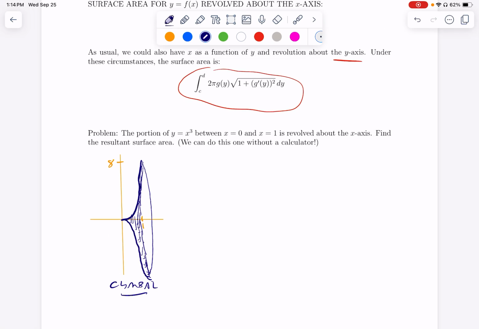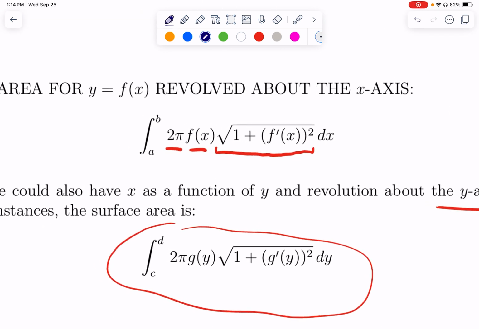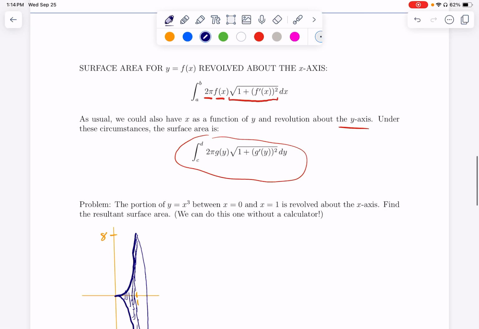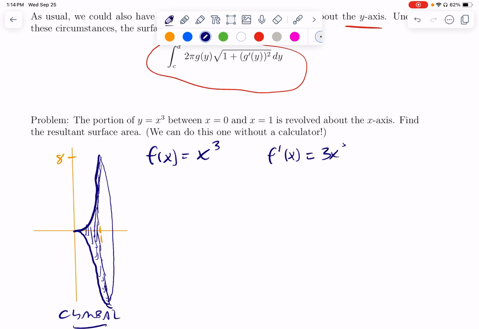All right, well, here is our formula. We need to know f of x, we need to know f prime of x, and then we'll just see what integral we have. So for this example, f of x is x cubed, so f prime of x is 3x squared.